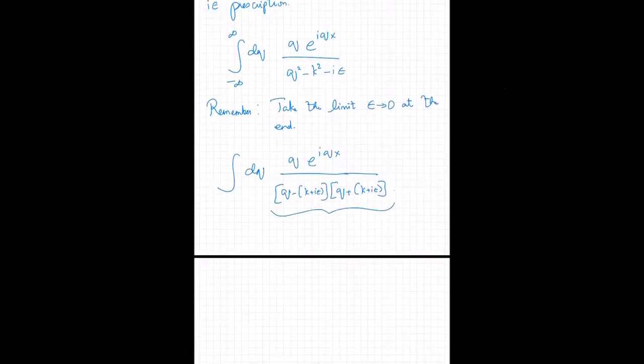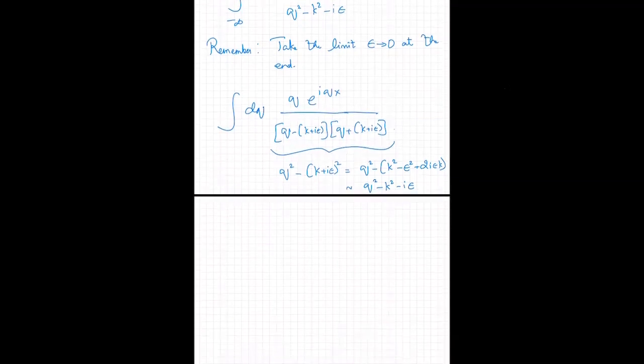If you evaluate this, this is (a plus b) times (a minus b), so a squared minus b squared, which is q squared minus k squared minus epsilon squared plus 2i epsilon k, which can be thought of as q squared minus k squared minus i epsilon, because I'll absorb the 2k factor in the epsilon itself. If epsilon is small enough, 2 epsilon k can be thought of as epsilon. And since epsilon is very small, I'll neglect epsilon squared in comparison to epsilon. So I can factor this denominator q squared minus k squared minus i epsilon in this fashion.